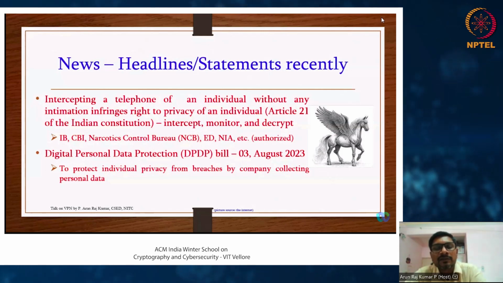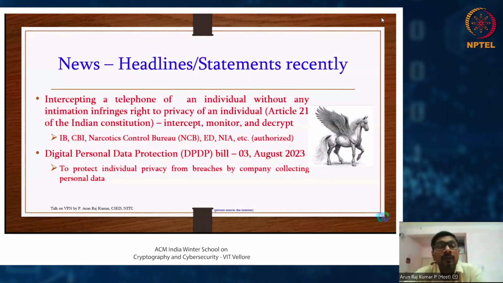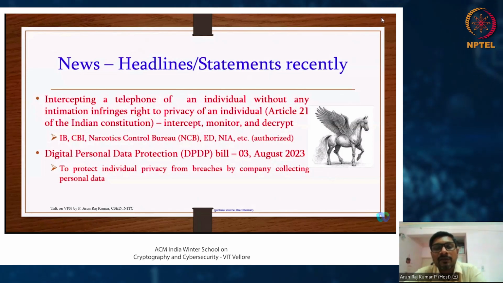On 3rd August, they also launched this, because you would have noticed in some headlines that some government officials' messages or phone connections were tapped. Intercepting the telephone of an individual without any intimation infringes the right to privacy of an individual. This is Article 21 of the Indian Constitution.